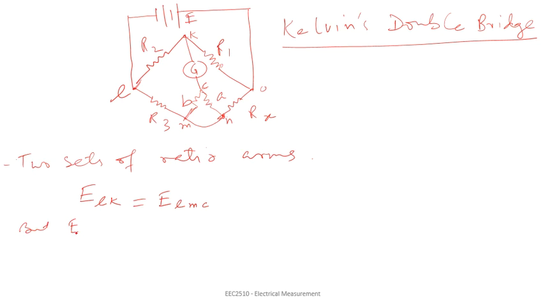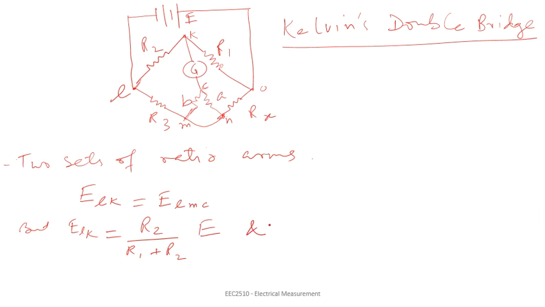E_LK will be equal to R2 over R1 plus R2 times E, which can be obtained by the voltage divider equation.